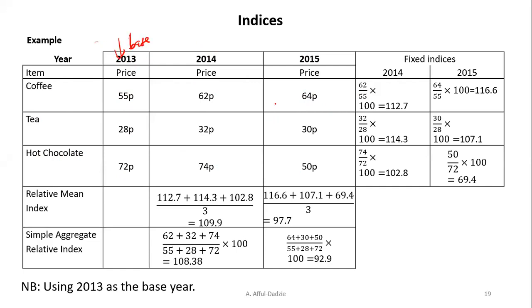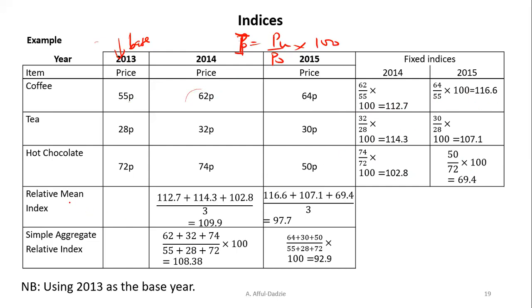Now let's find the price indices for 2014 and 2015. We know that the price index is Pn over Po times 100. So this is the current period, Pn, divided by the base period, Po, times 100. So we'll do this for all of 2014 and we'll do it for all of 2015.